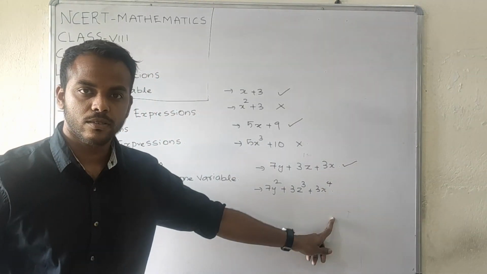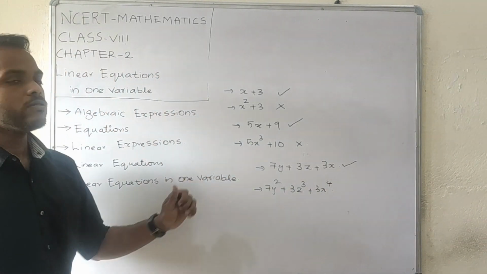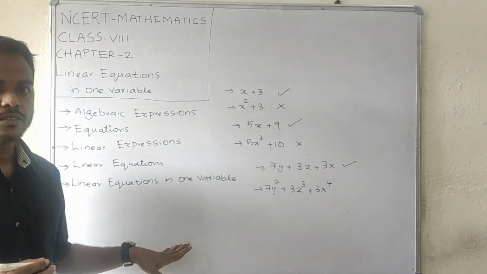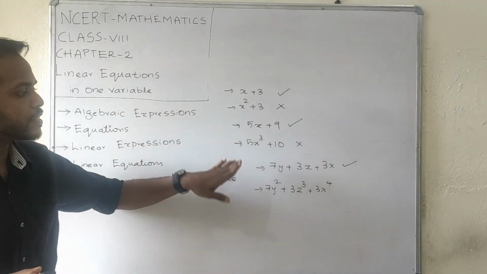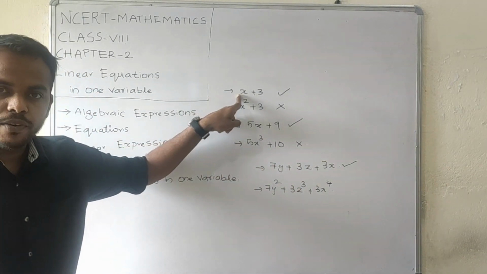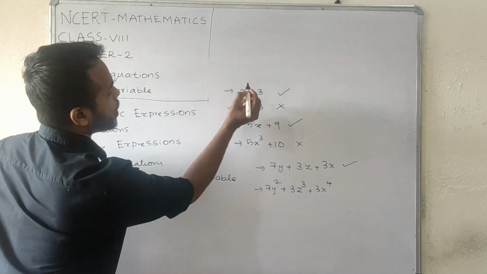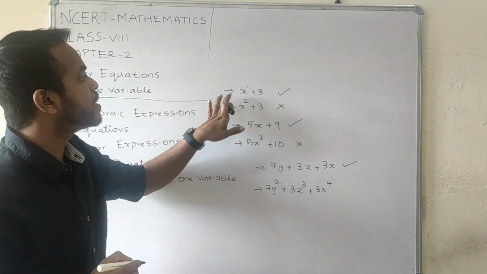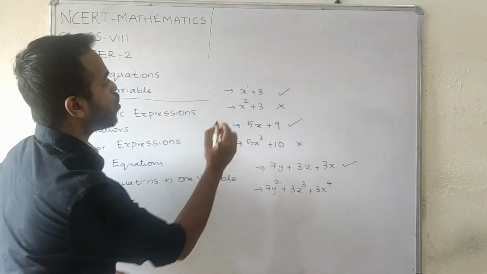But this is not. Exactly. Now just try to coin what will be the definition of a linear expression based on the given examples. What is the power of x over here? Clearly the power is 1. Now is this the biggest power in this whole expression?